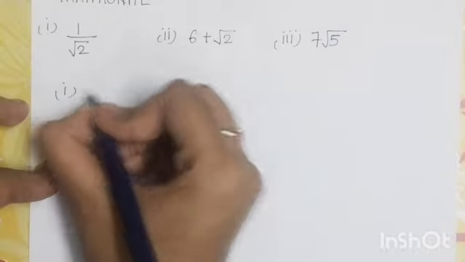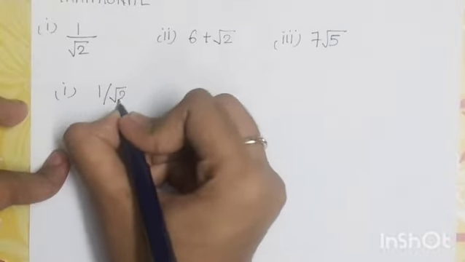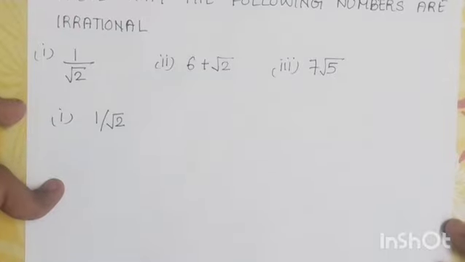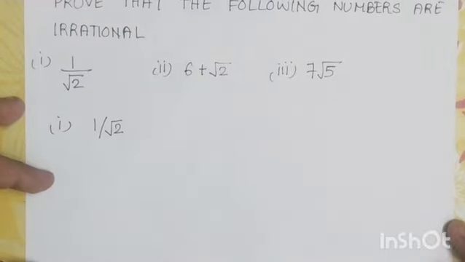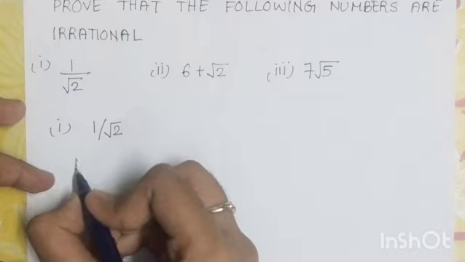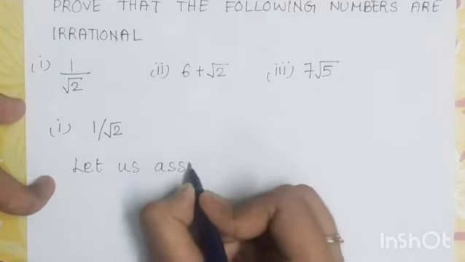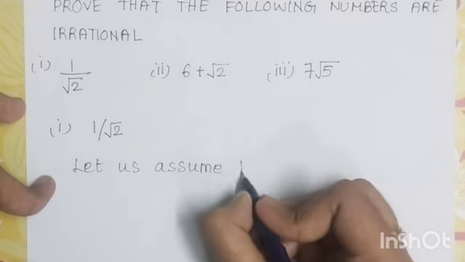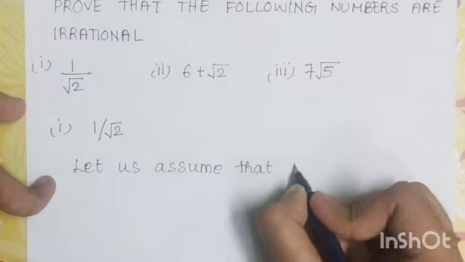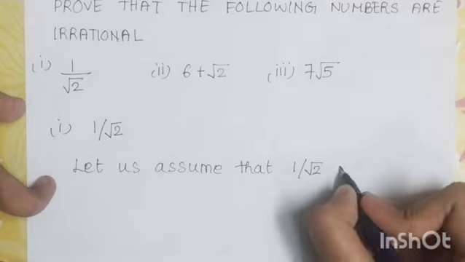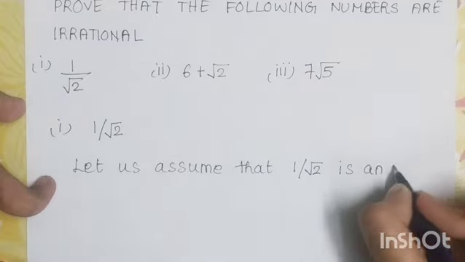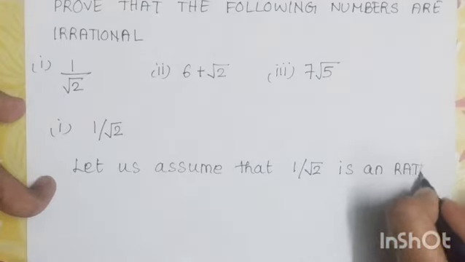So the first sum, 1 by root 2, we are going to prove. It is also the same contradiction method. First step as usual, let us assume that 1 by root 2 is a rational number.